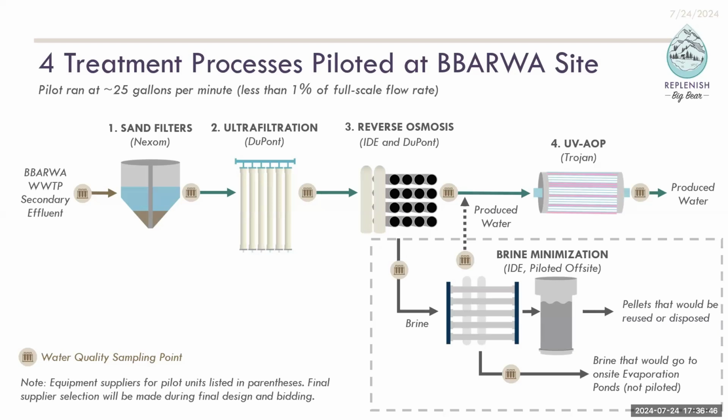Gotcha. Yeah, so the technologies are the same principles, same operational characteristics, same design criteria, just less equipment. So for instance, to answer your question, like reverse osmosis, we may end up with 200 membrane elements, but there's only one in the pilot. So it's basically the same membrane element in the pilot as it would be in the full scale.